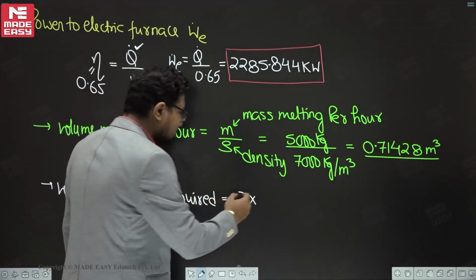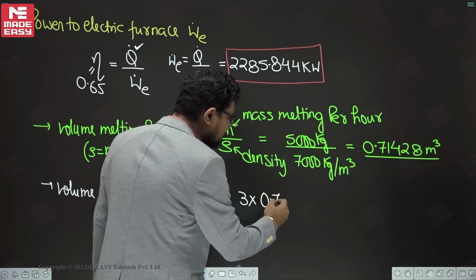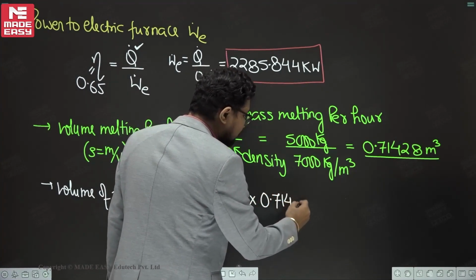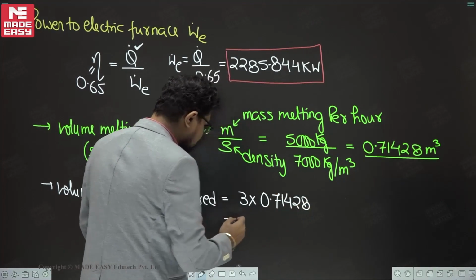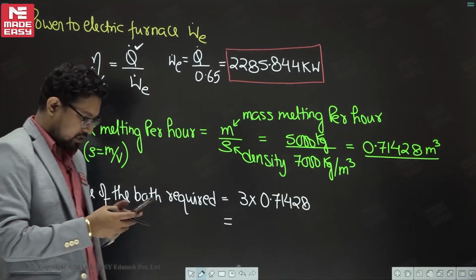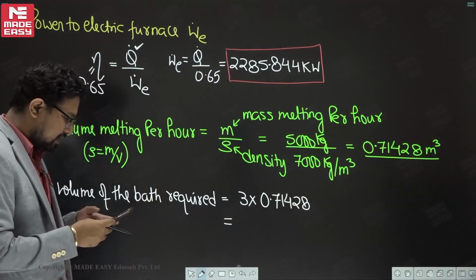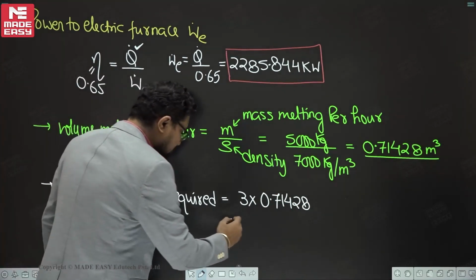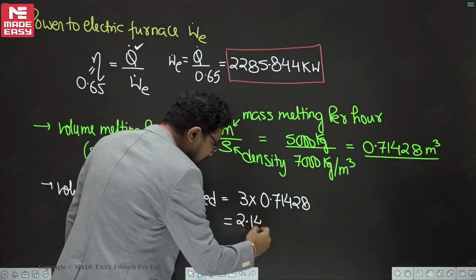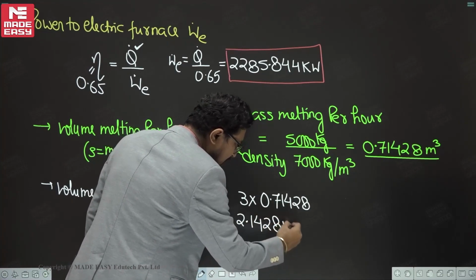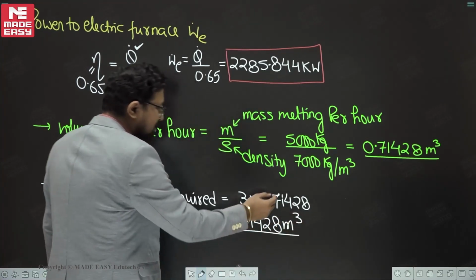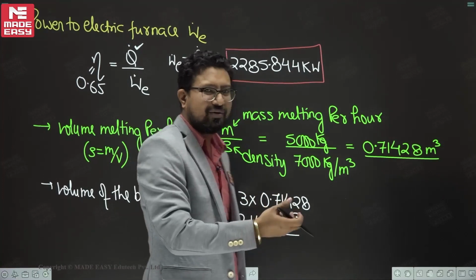So volume of the bath will be 3 into 0.71428, which comes out to be 2.1428 meter cube. If you see, I am not doing any rounding off in between.